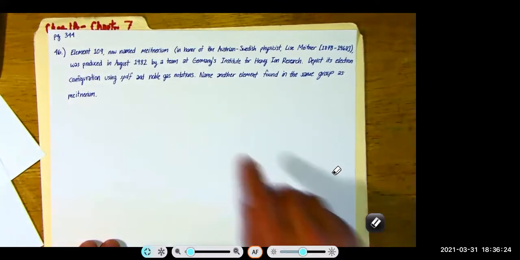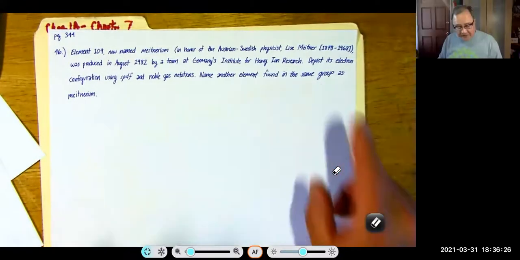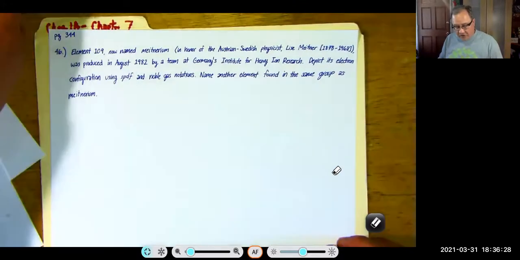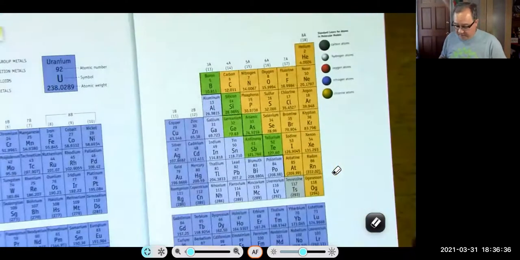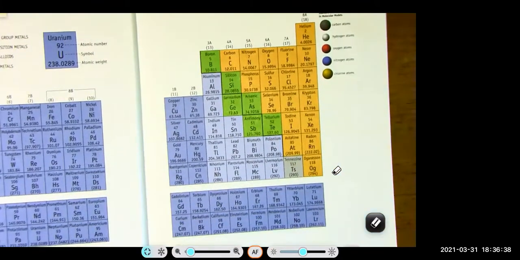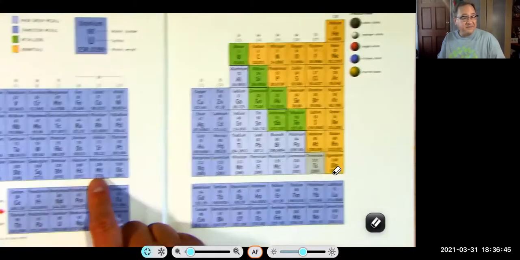And name another element found in the same group as meitnerium. So we're looking at element 109, and in the periodic table, let's see where that is. In the 7th. It's right here.